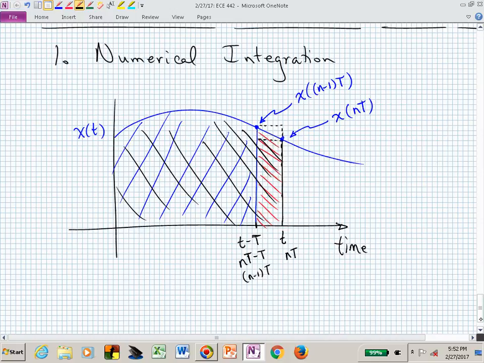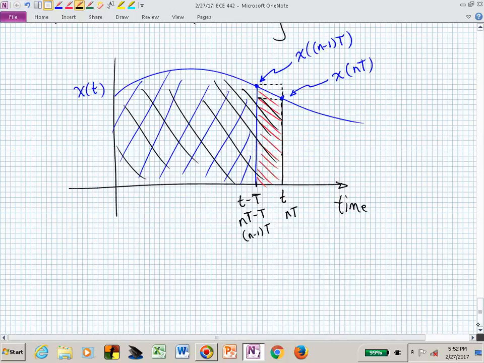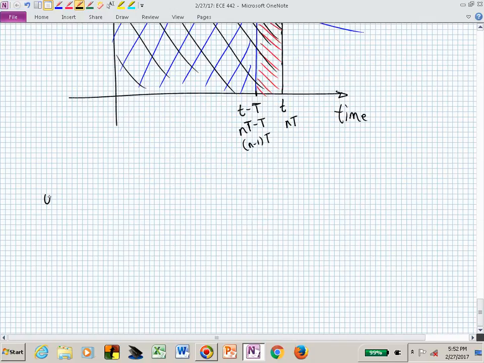Let me write down some of the equations. Let's say then that y of t in general is this integral from 0 to t, now we're just back in our calculus class, of x of tau d tau. But we want to break this up so that we can iterate towards that y of t.